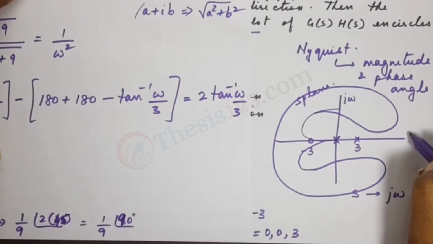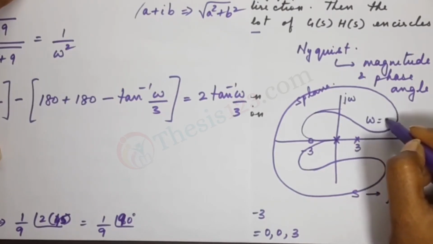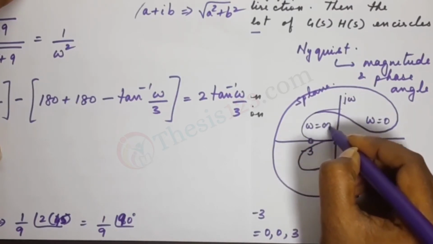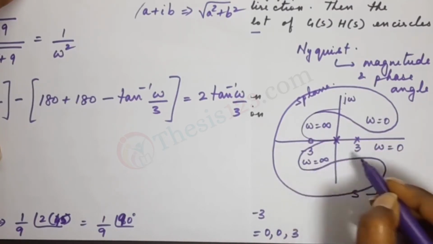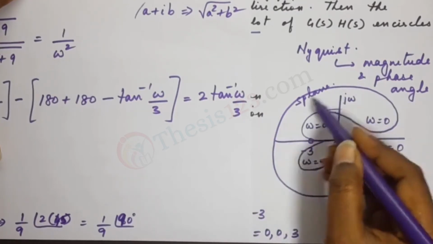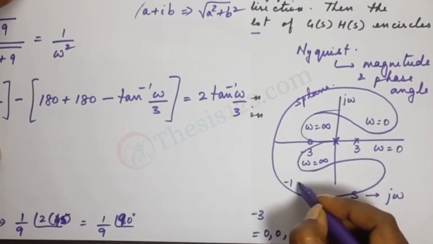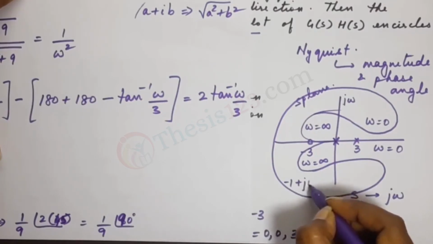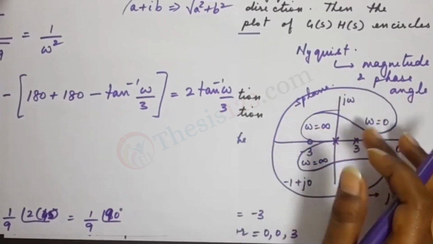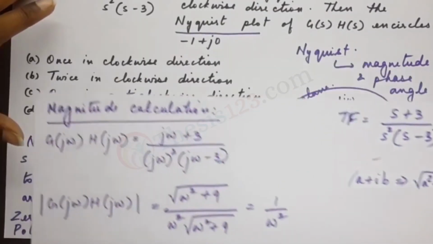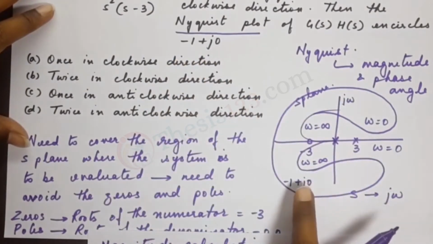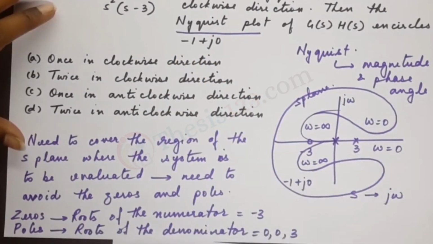So we have omega is equal to 0 here, and omega is equal to infinity here. Okay, and this entire circle is this region over here, that's minus 1 plus j0. Minus 1 plus j0. That's what the question says. It encircles minus 1 plus j0. So that's here.